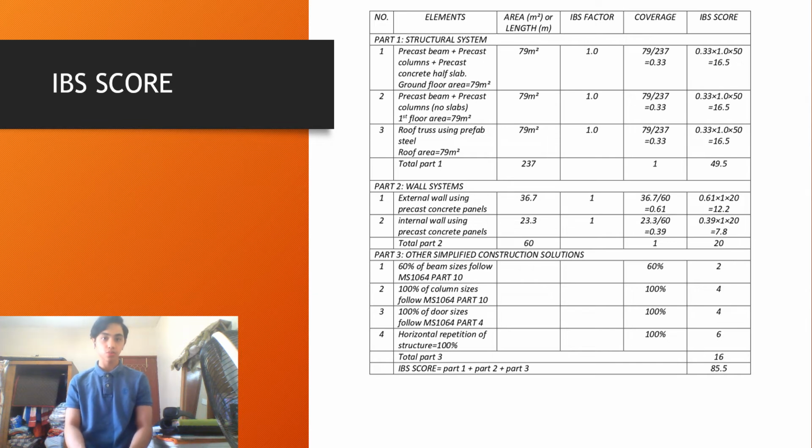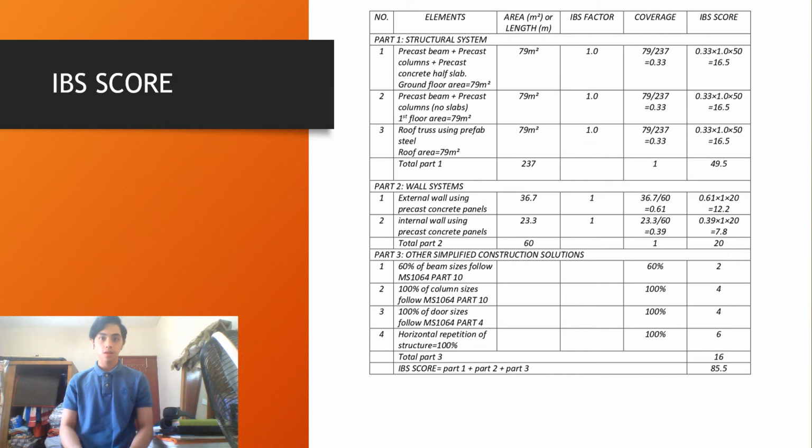Now we will continue with part 2, which is about the wall system. It has 2 wall systems, external walls and internal walls. For the external walls length, I got 36.7, and for the internal walls I got 23.3. If you add the 2 of them, you will get 60 for the total length. For the IBS factor, we also use 1 for this part.